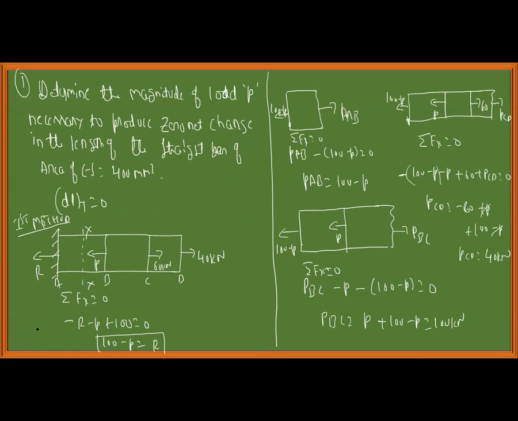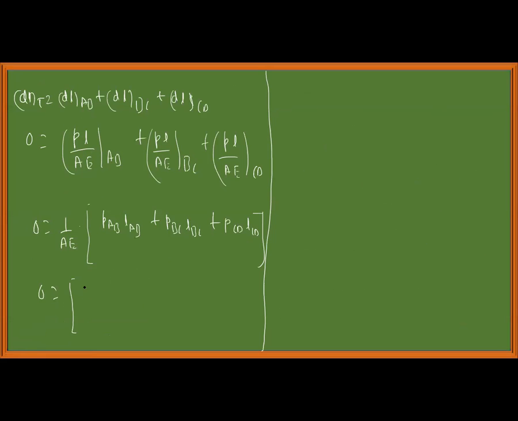P of AB is 100 minus P, 100 minus P into length, which is 2 meters. If you want to indicate it in kilonewton, into 10 power 3 into 2000.